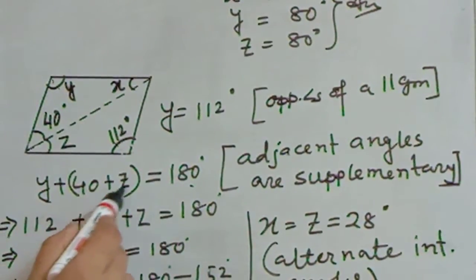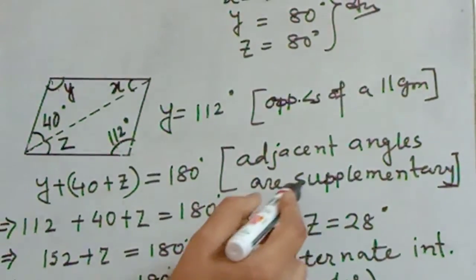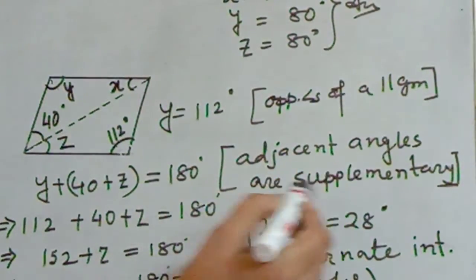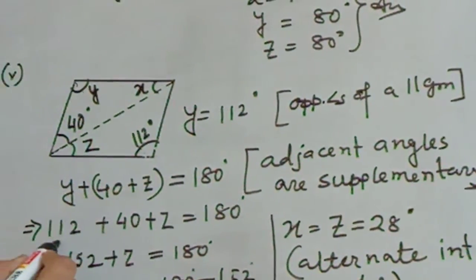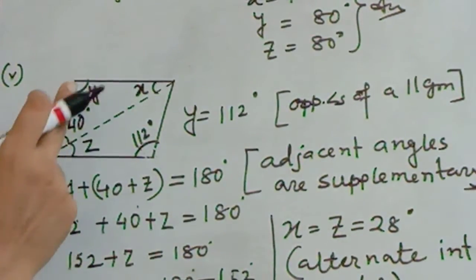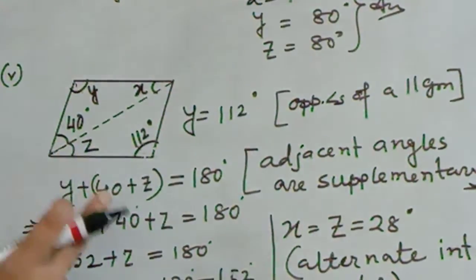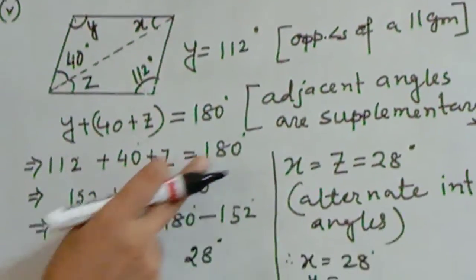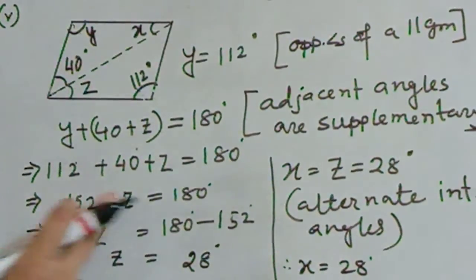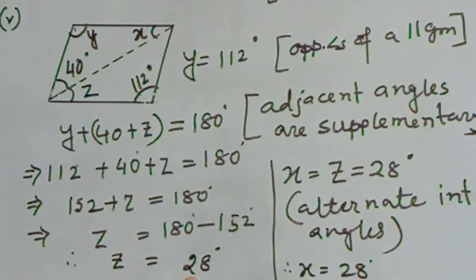Adjacent angles are supplementary. Now the value of y is 112 degrees plus 40 degrees plus z. Here only z is unknown. So you have to find the value of z. By using a simple equation, you can find the value of z is equal to 28 degrees.